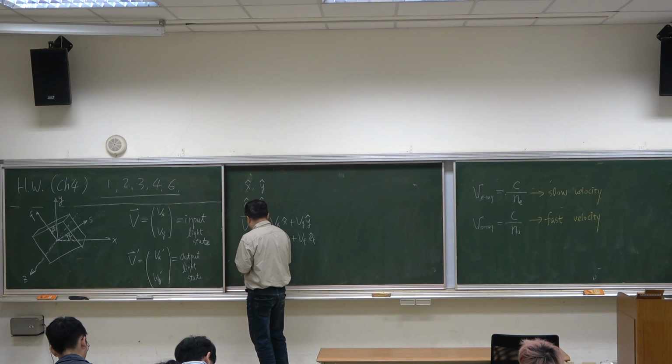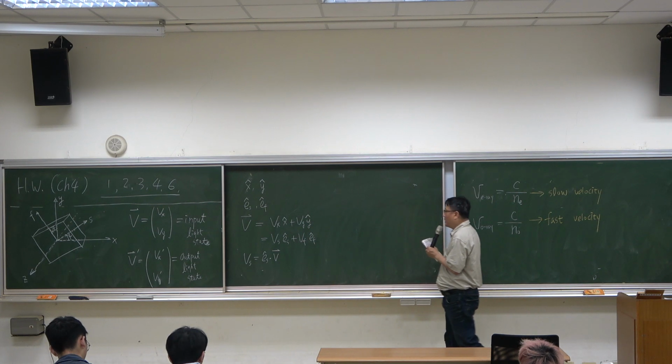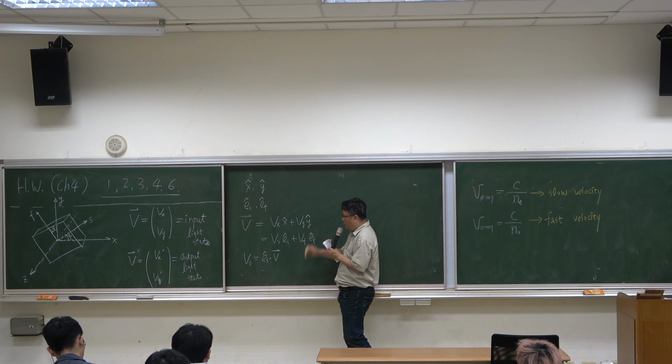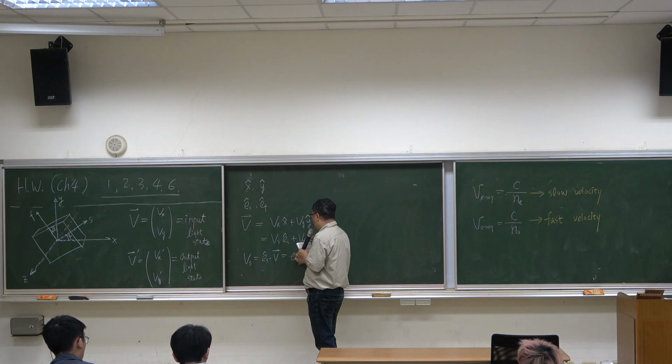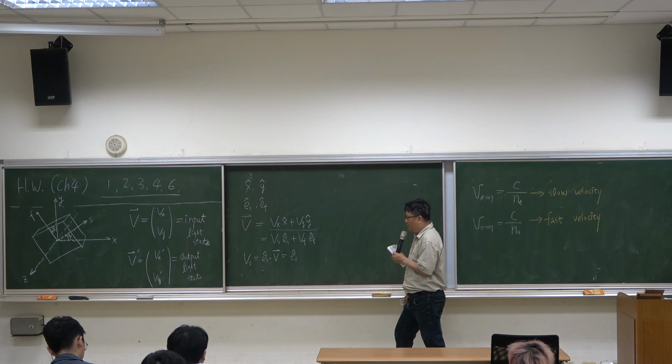Vs is equal to Es dot V, because now Es and Ef are perpendicular to each other, and both of them are unit vectors. Now I substitute and use this.